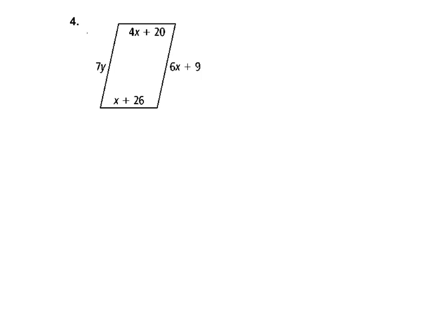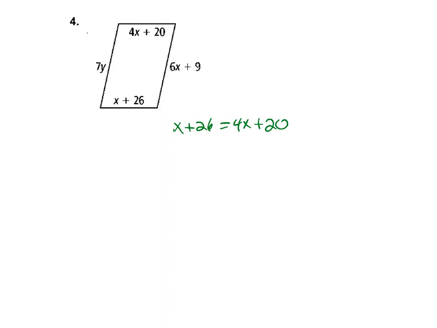So for this quadrilateral to be a parallelogram, the side x plus 26 has to be congruent to this side up here, and this side on the left has to be congruent to that side on the right. I'm going to start with x plus 26 equals 4x plus 20, because it's the one that has the same variable.